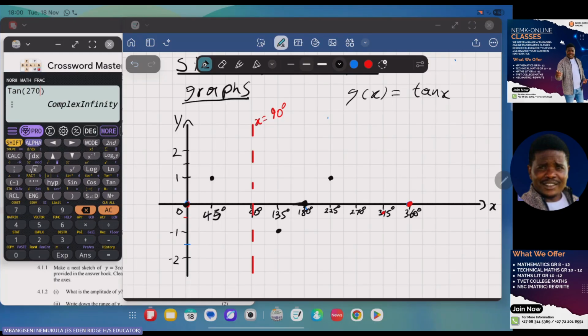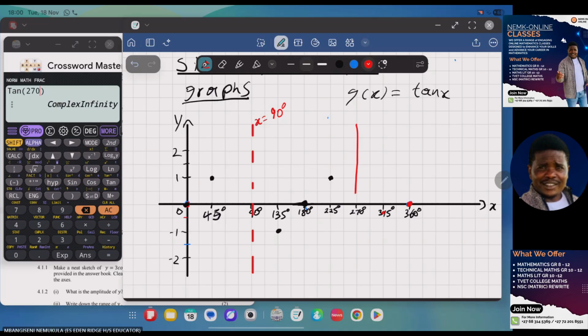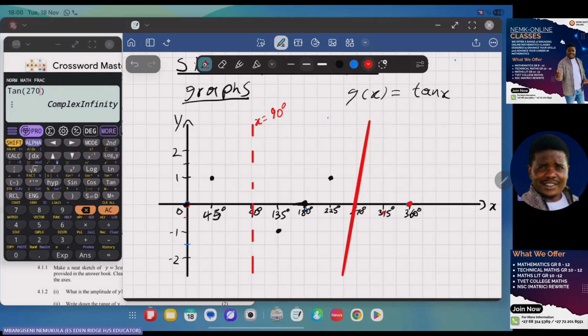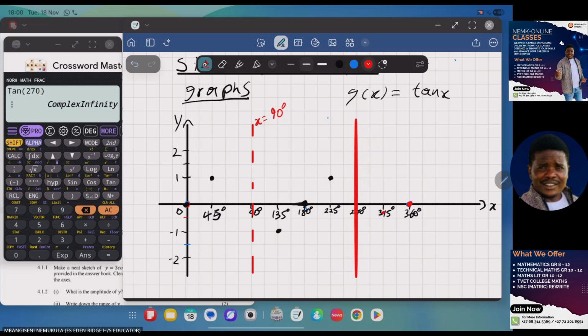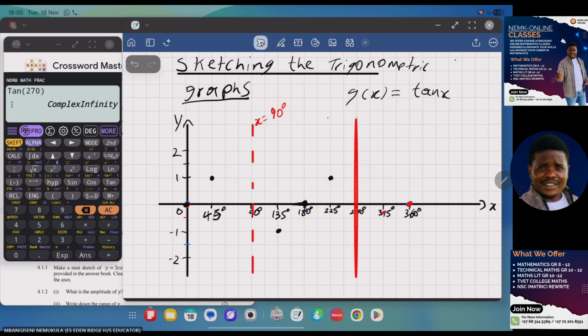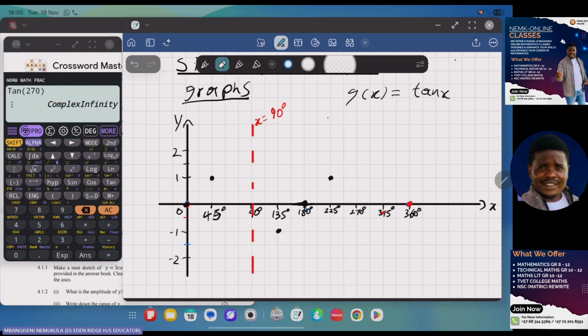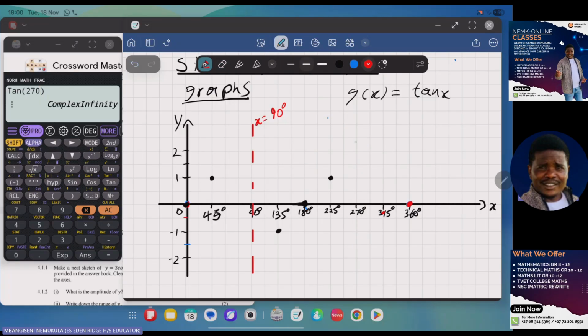Then it says infinity, gives us the syntax error again. You make a dotted line passing straight through 270 to show that you got an error here at 270.